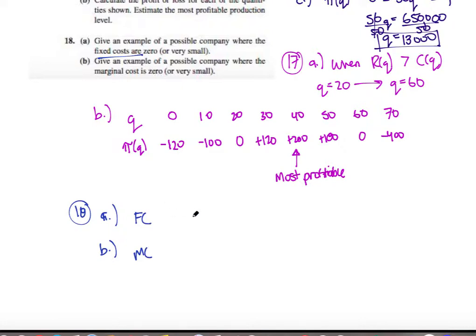So really, a company that has 0 fixed cost is something where there's no buy-in. You don't need a lot of equipment in order to get this product produced. Or there's not a lot of investment necessary. So maybe you're selling ideas, something of that nature. As far as marginal cost goes, you don't need a lot of materials per item.